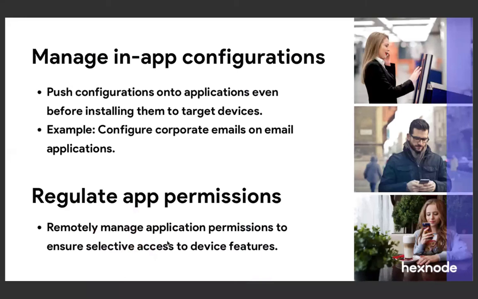Then also in-app configurations can be pushed to devices, because in the case of devices that are not configured through Android Enterprise, you will not be able to push app configurations. But if you go for this Android Enterprise integration, you can push in-app configurations. So let me tell you a scenario: most of the time when you want to push emails onto devices, first of all, these email configurations through MDM will be supported on Samsung devices, because they have the Knox capability, which is an inbuilt MDM.